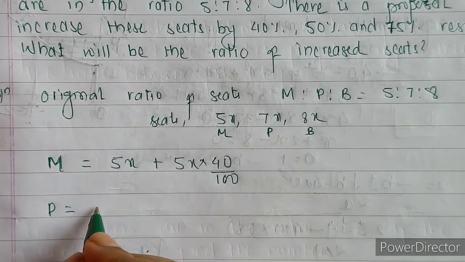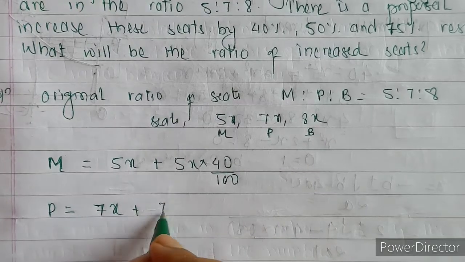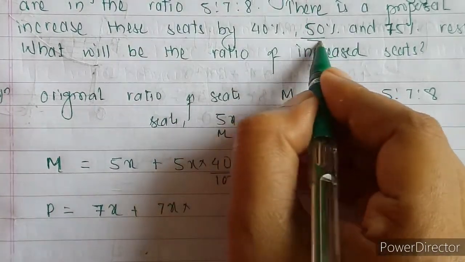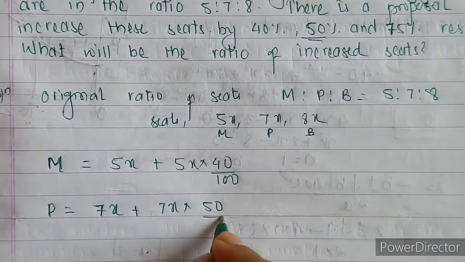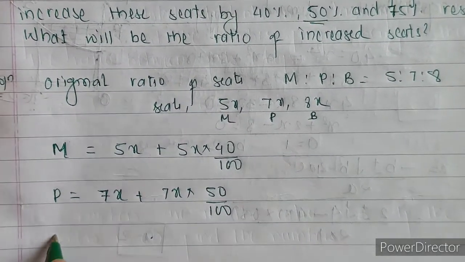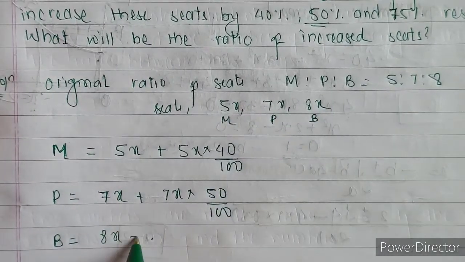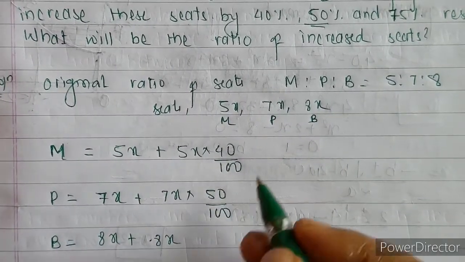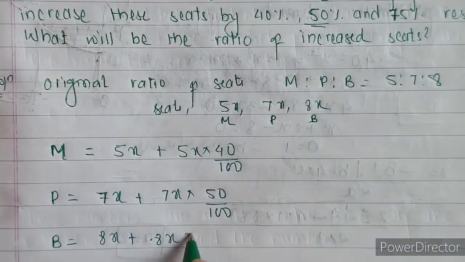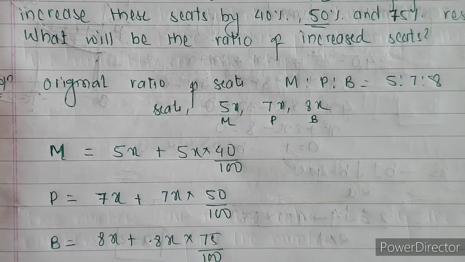Seats of physics are going to be 7x, the original number, plus another 50% of this 7x. Similarly, biology, we already have 8x seats. To this 8x we are adding another 75%. That is 8x plus 75% of 8x. Okay.